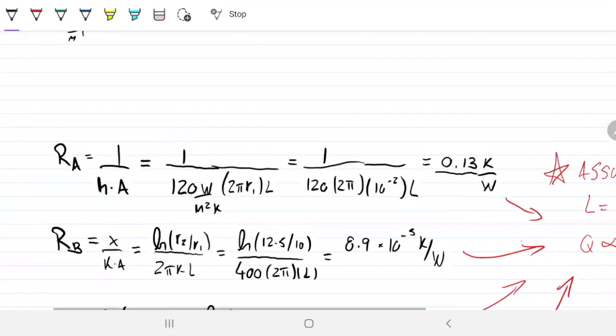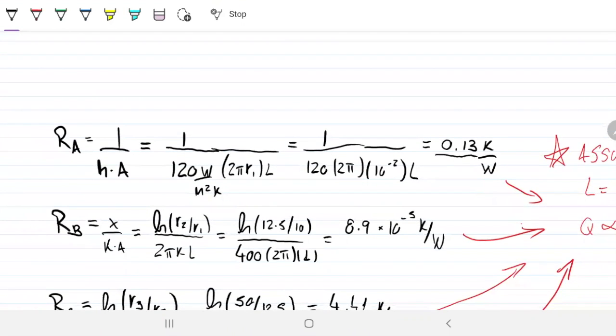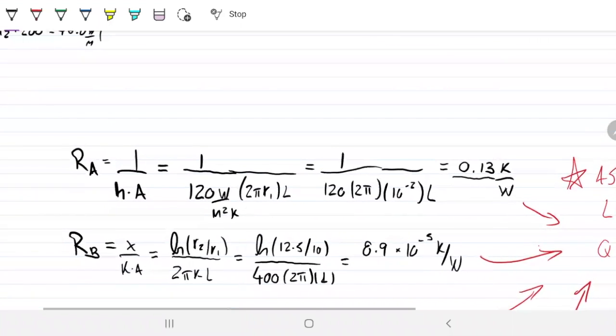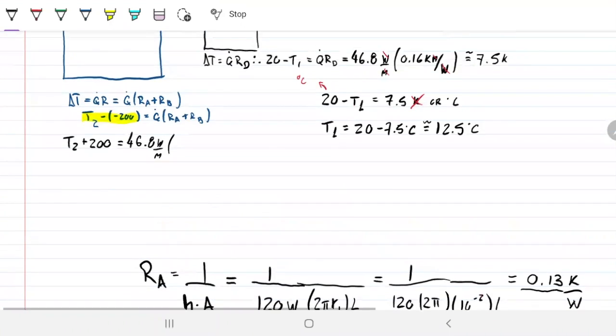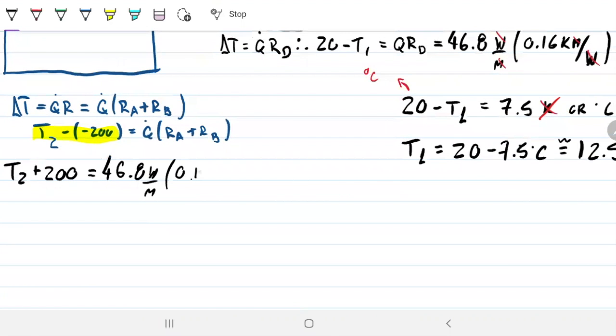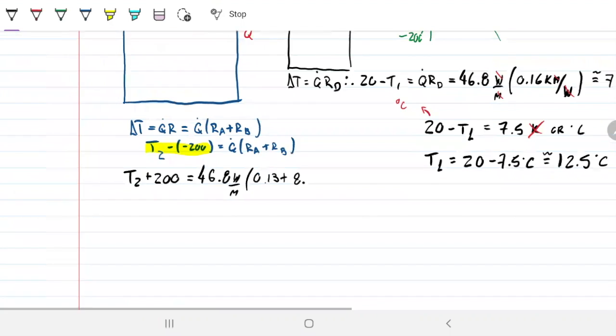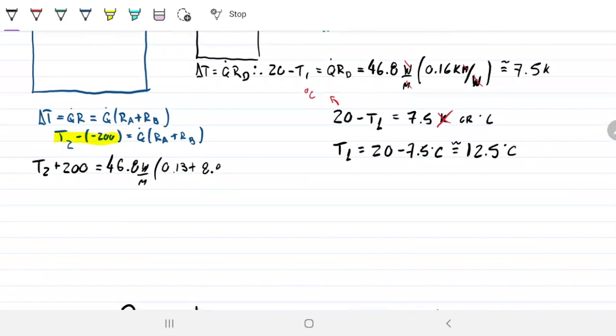Oh, it's at the bottom. 8.9 times 10 to the minus 5, which was pretty much nothing, right? This is Kelvin meters per watt, so we're going to be left with Kelvin. So that means my T2 will be about negative 193.9 Celsius.